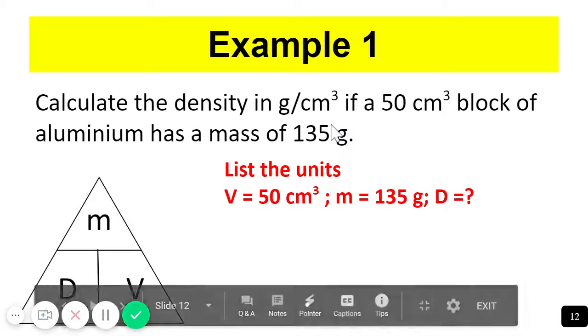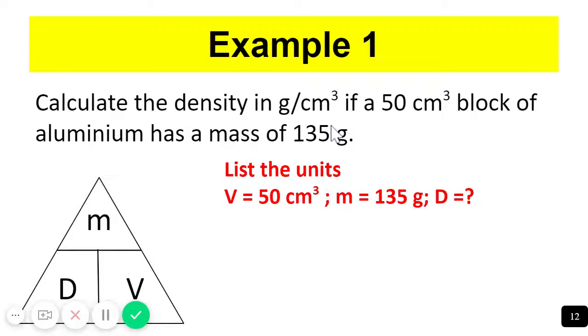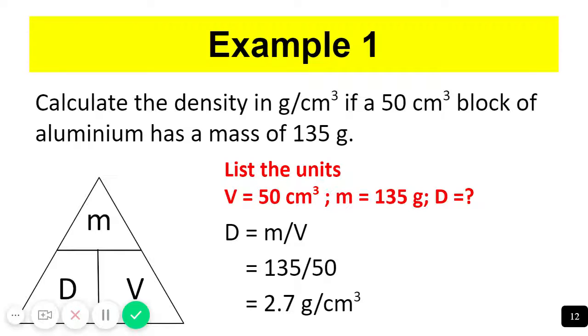The next one is the mass, 135 grams. We have the mass and the volume, and all we are trying to find is the density, because the question asks you to find the density. So density is mass over volume, 135 divided by 50, which is 2.7 grams per centimeter cube.